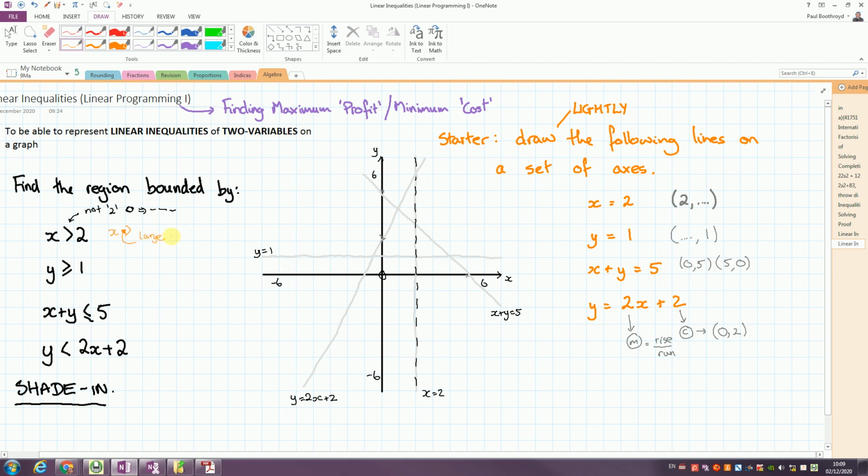So I want the region to the right. This diagram we're saying shade in, so I'm just going to put a little bit of shading on the side I want to shade. So little slash marks like that to indicate which side of the line I want to include. The other thing is to shade out, and you do it on the opposite side. You can do the same thing for the Y line. So let's have a look in black.